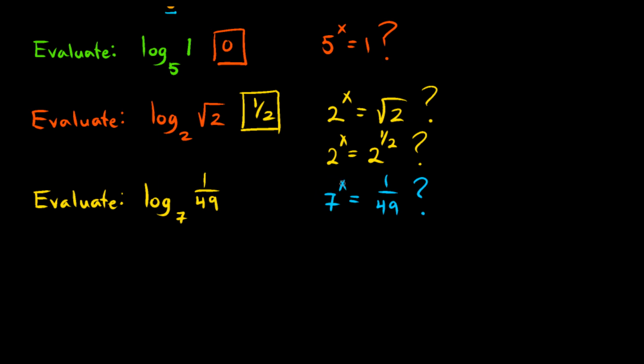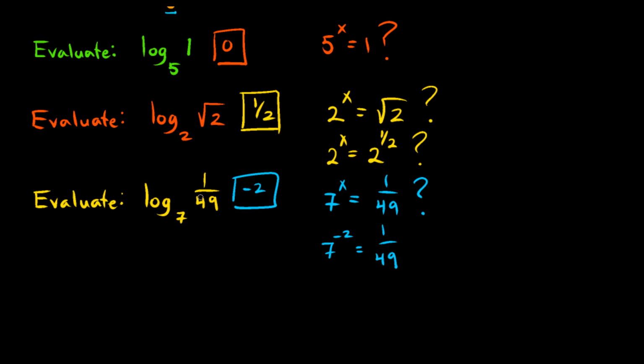So if it was 7 to the negative 1, that would just be flipping 7, which would be 1/7. But if we flip and square, we'll get this. So 7 to the negative 2 would be 1 over 49. So negative 2 is the answer.